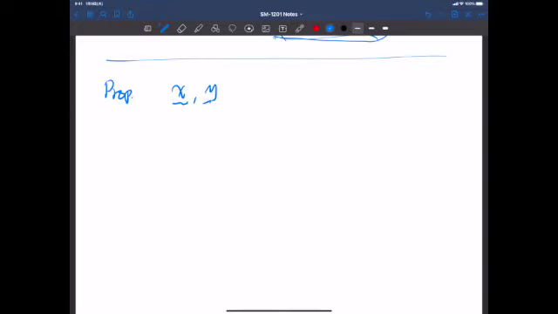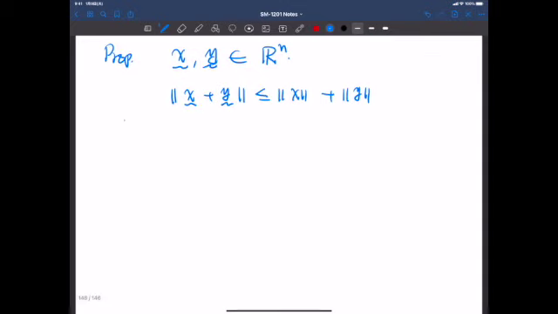Again, x and y are vectors in n-dimensional space. Then we have this inequality: the modulus of x plus y is less than or equal to the modulus of x plus the modulus of y. Okay, let's prove this. We can use the Cauchy-Schwarz inequality to show this inequality.